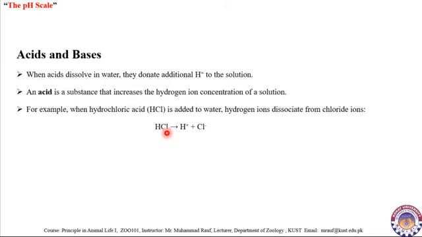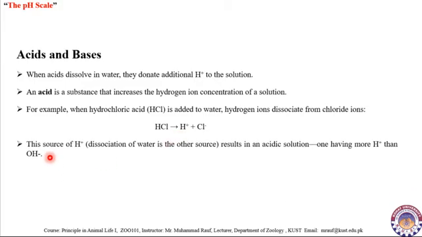There is complete dissociation of HCl into its ions, and such an acid which is dissociated completely is known as a strong acid. And whenever you see a reversible reaction, then it refers to a weak acid which dissociates partially.